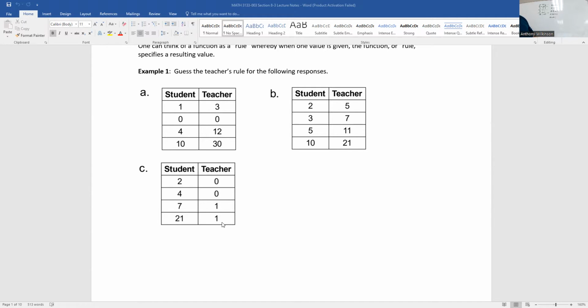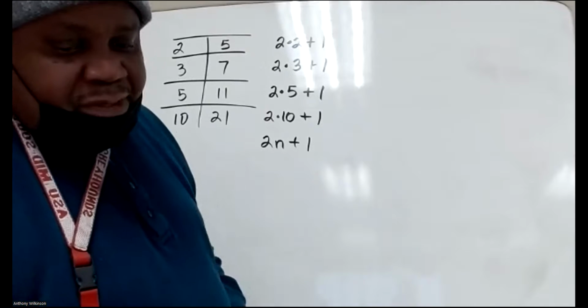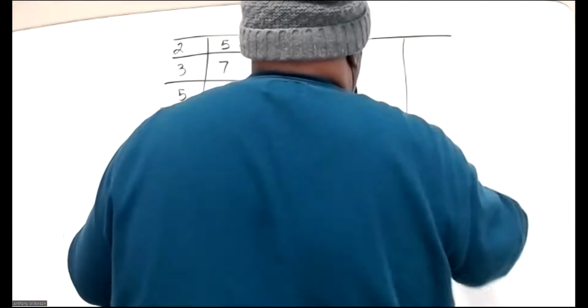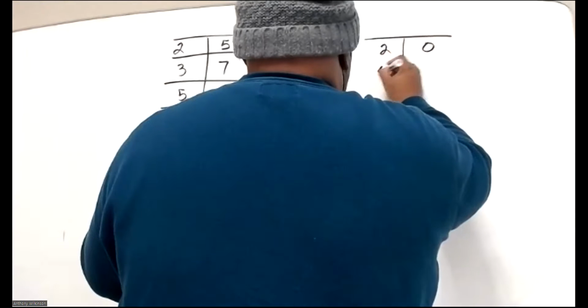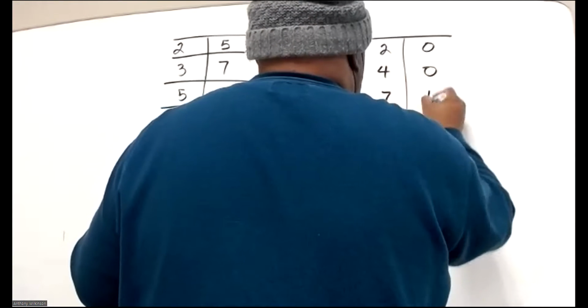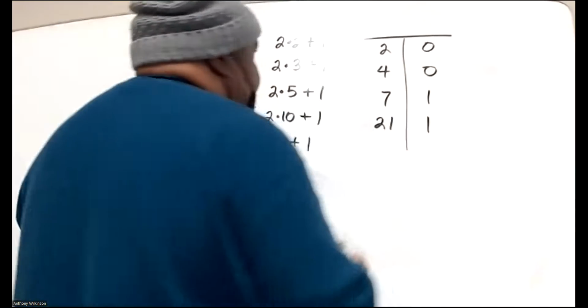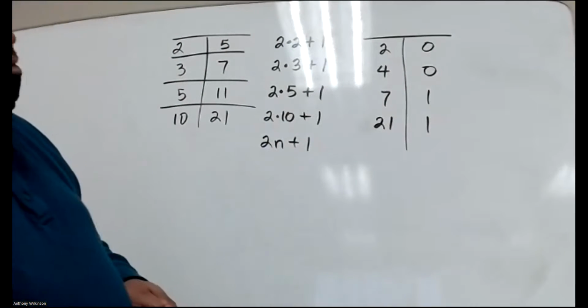Well, this one has a wide variety of answers for part C. Because it could be something like this, and I'll even write that up here as well. Two and then 0, 4, 0, 7, and 1, 21, and then 1. It could be this.